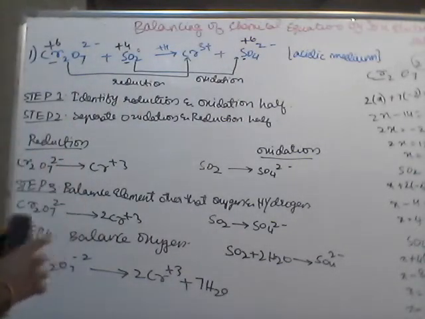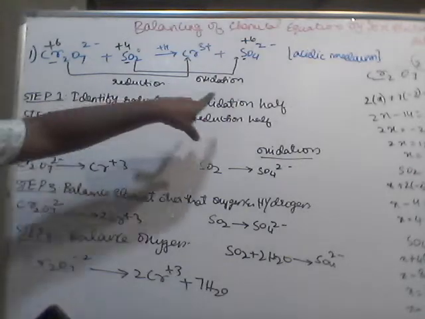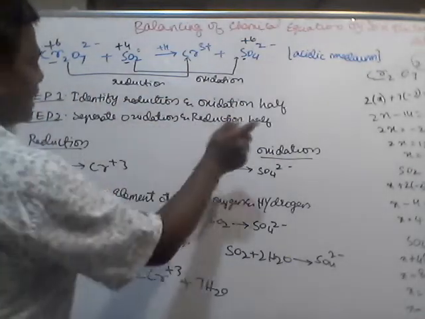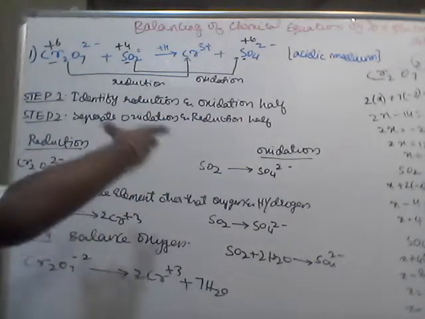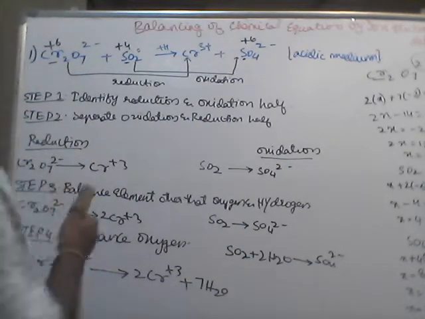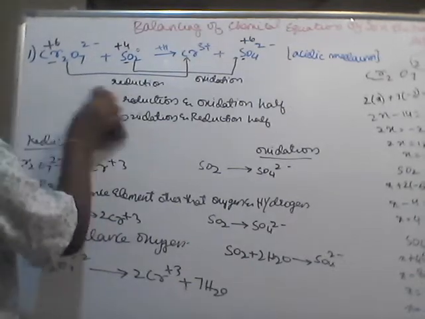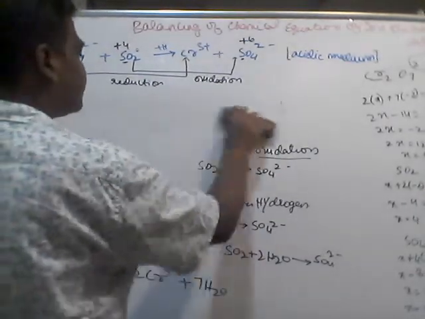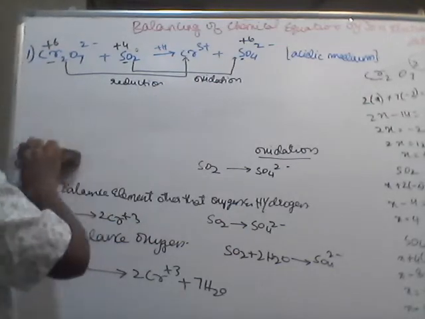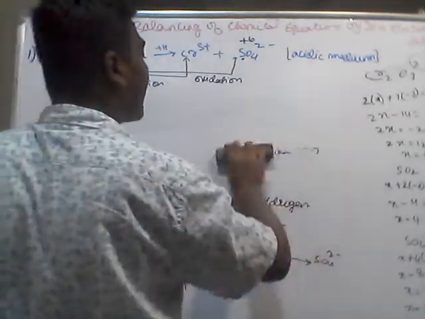So step 1 is identification of the reduction and the oxidation half. Step 2 is separation of the oxidation and the reduction half. Step 3 is balancing elements other than oxygen and hydrogen. Step 4 is balancing of the oxygen. Coming to step 5. Step 5 is balancing element hydrogen.